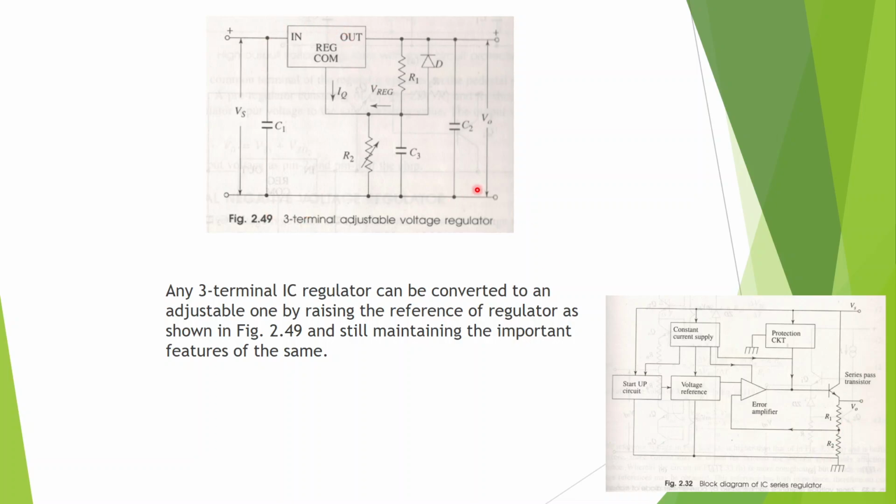So this is a figure of an adjustable voltage regulator, and these resistors R1 and R2, which were inside the IC for the case of a fixed voltage regulator, are now seen here as connected outside the IC. And this resistor R2 is made a variable resistor. By varying the value of R2, we can change the output voltage.